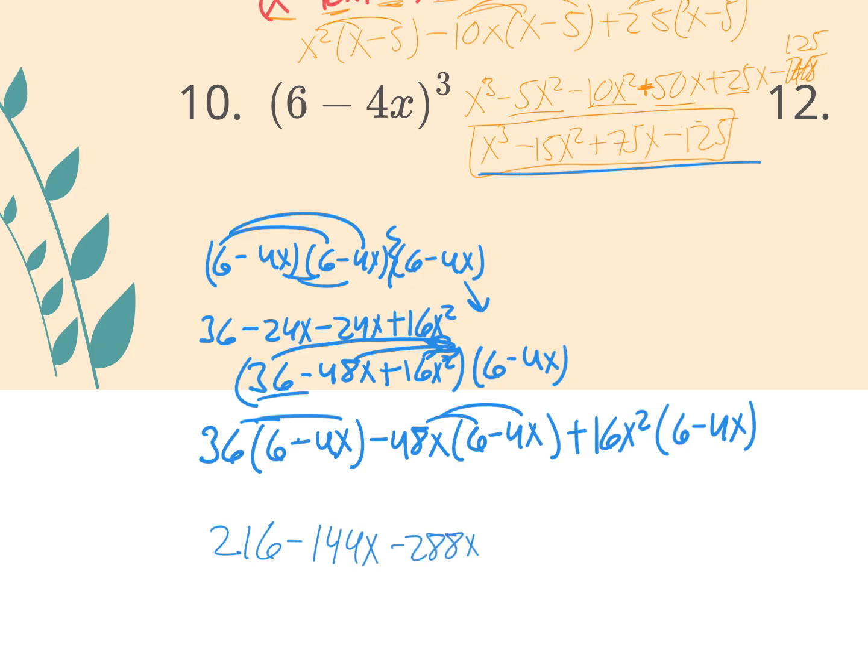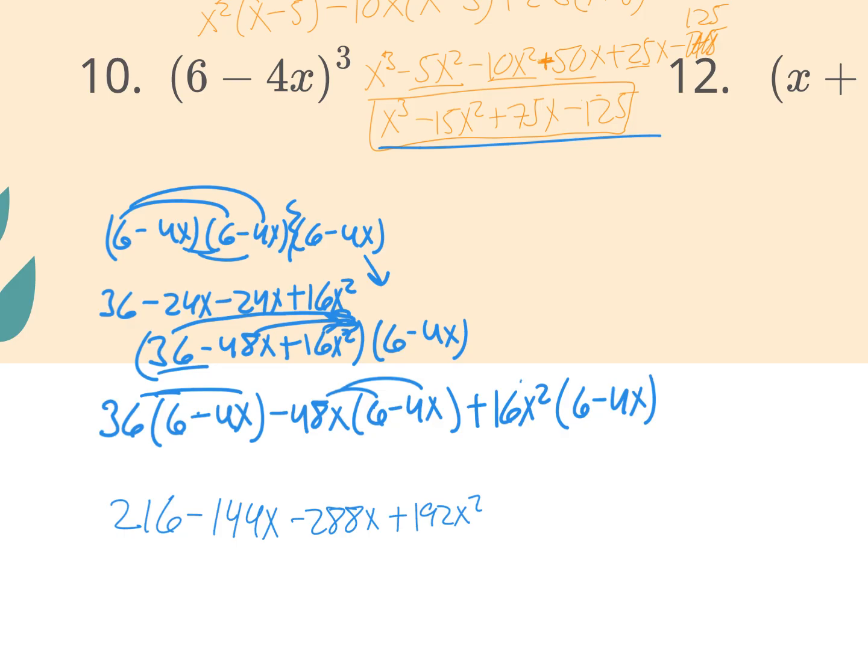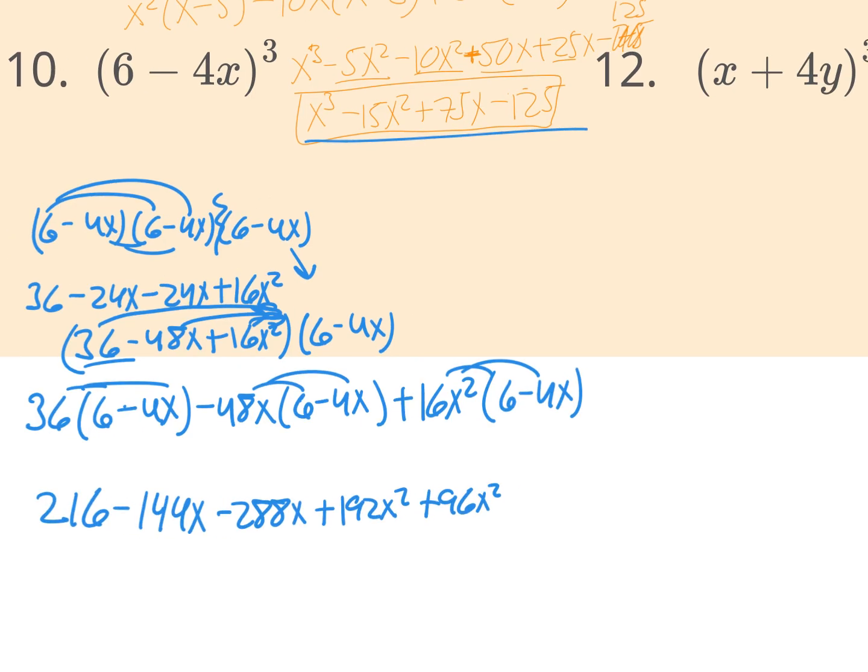And then negative 48 times negative 4 is going to get you a positive 192. And then x times x is x squared. Again, do it off to the side if you need to. All right, and then 16 times 6 is going to get you 96. So I get a 96x squared. And then 16x squared times negative 4x is going to get you a negative 64x to the third.